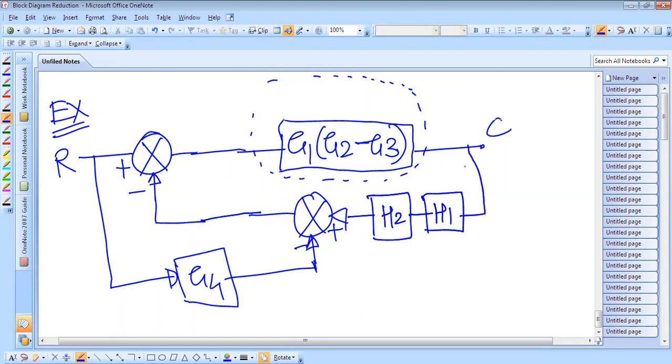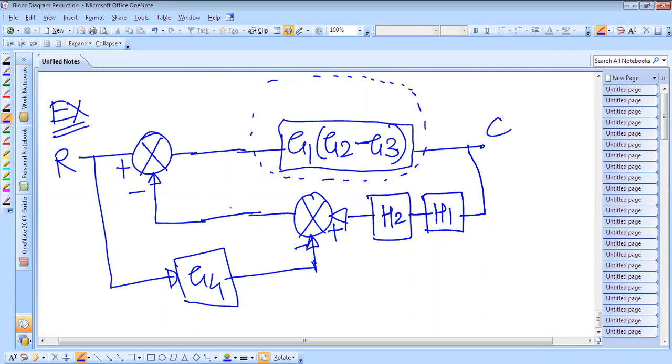Now, in shifting this block, H1 and H2 are coming on this side, and here G4. But here it will produce one more block in the feedback loop, because initially that block was here.